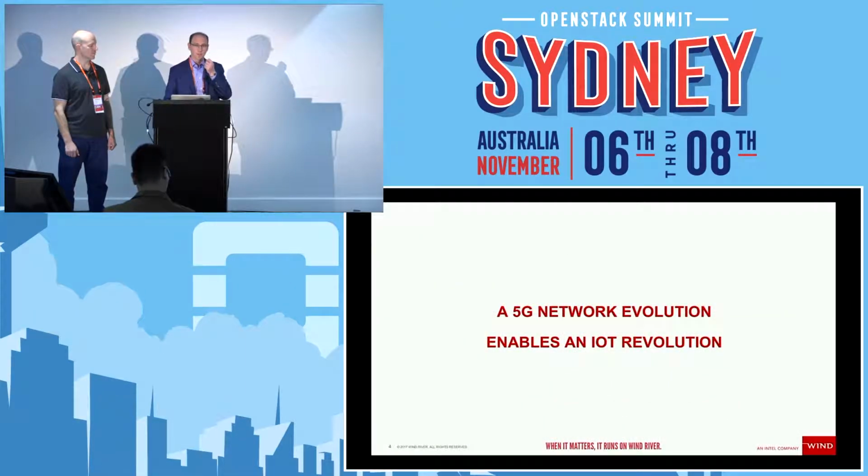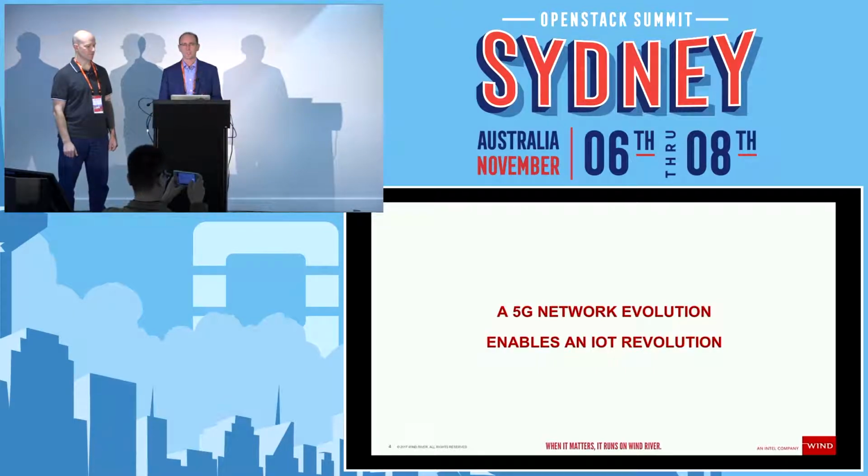So really we think that a 5G network evolution, and the standards have made it really nice so that you can go from 4G to 5G, but this is really going to be a great enabler for the Internet of Things and connecting more and more devices at lower and lower cost. It's really going to be transformational.